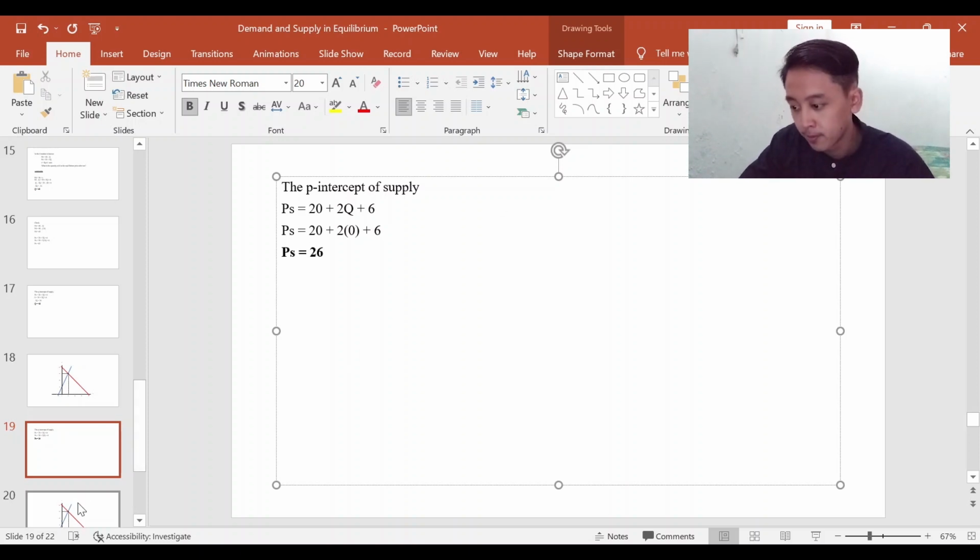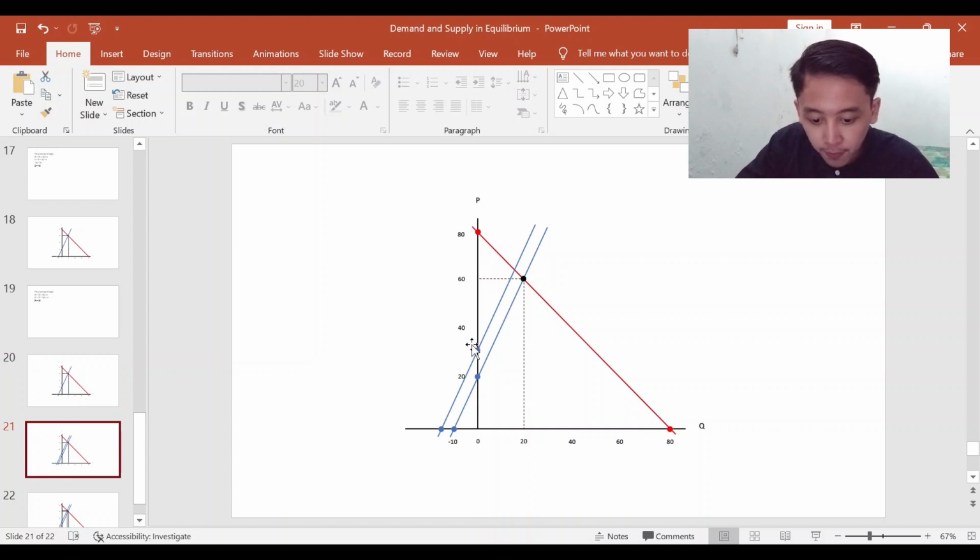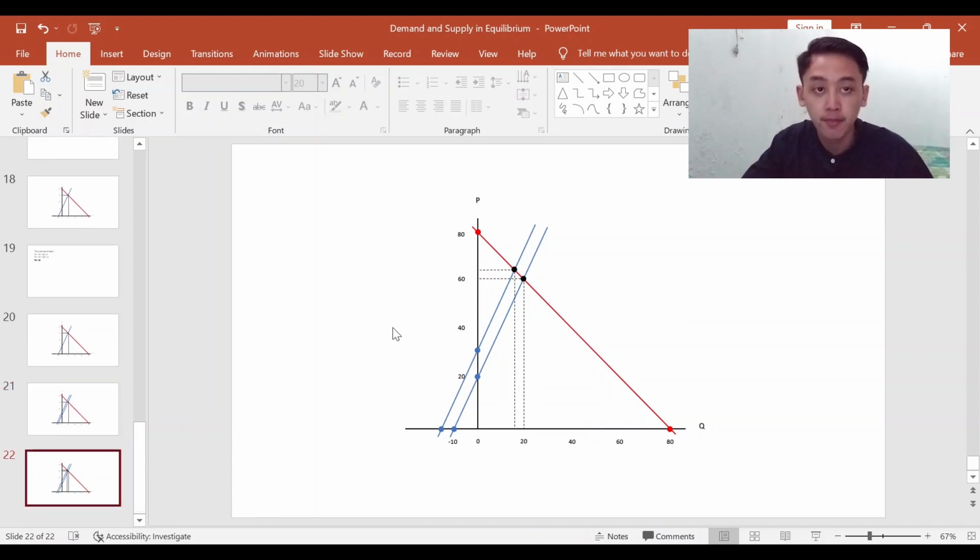That gives $26. With these 2 points along my supply curve, I can go ahead and plot the supply curve. I've now drawn both my demand curve and my supply curve. And yeah, finish.